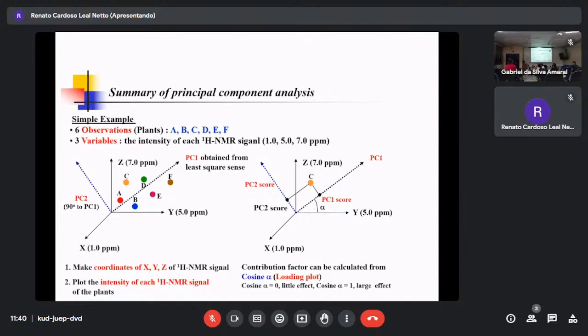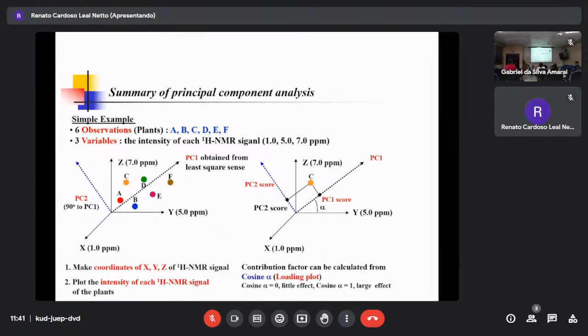But if this one is 90 degrees, there is no height effect, it doesn't matter. The two families have the same height. So that's why you measure the alpha angle. If it's close to 90 degrees, then zero effect. If it's 0 degrees, which means 100%.